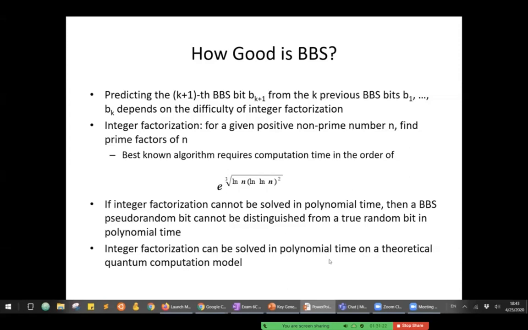Which means that under this quantum computation model, you can predict what the next bit would be with good probability based on what you have generated.